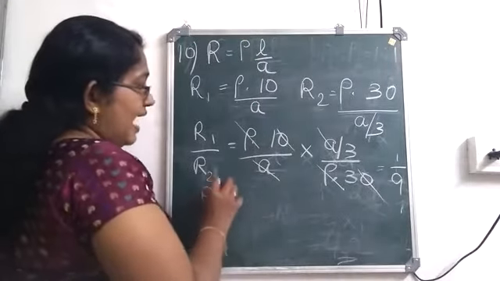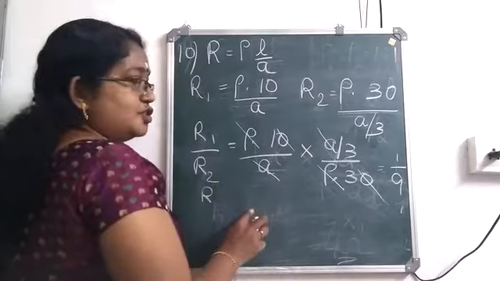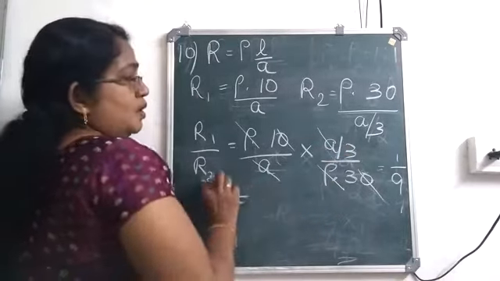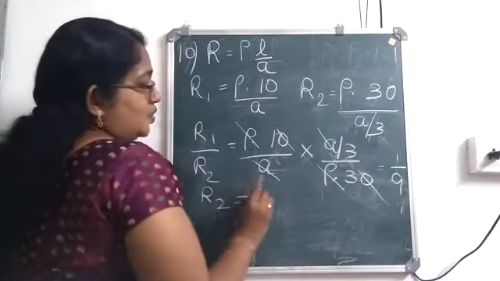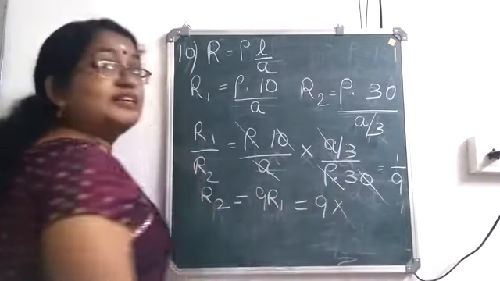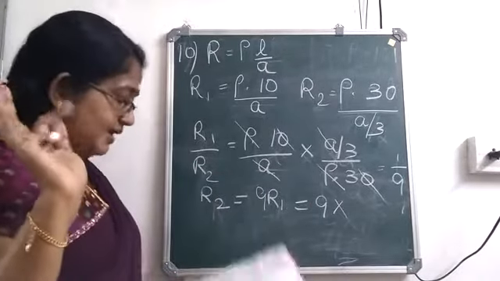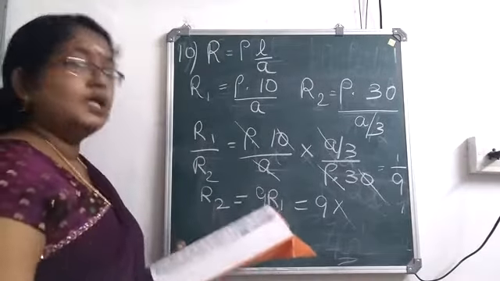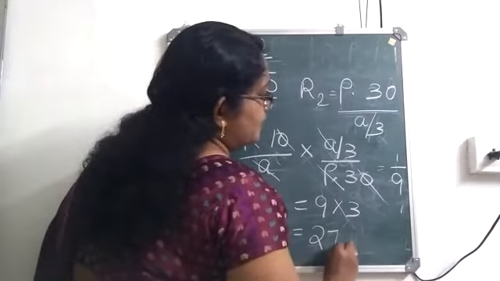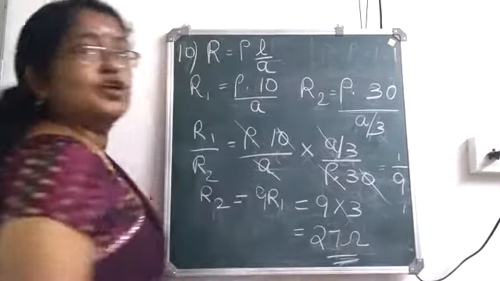So R1 by R2 is equal to 1 by 9. That means how much will be R2? R2 will be 9 into R1. And how much is R1 given in the question? It is given as 3 ohm. So 9 into 3, which is equal to 27 ohm.